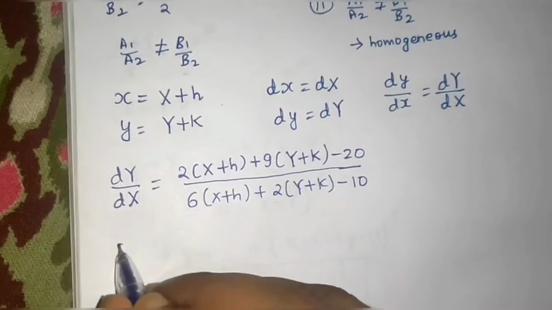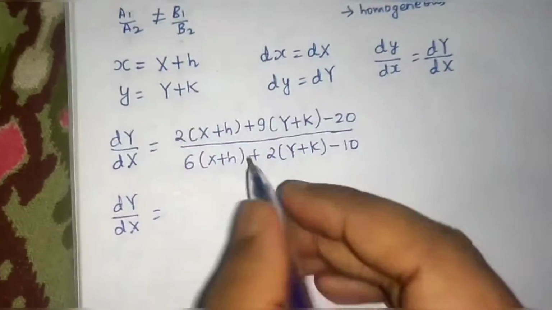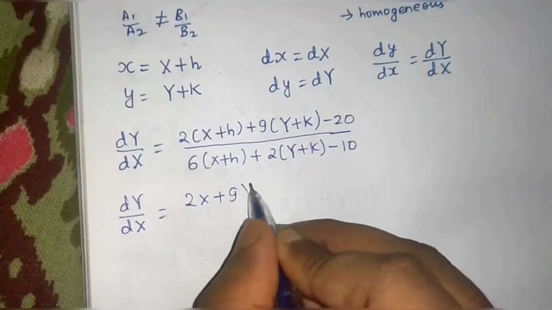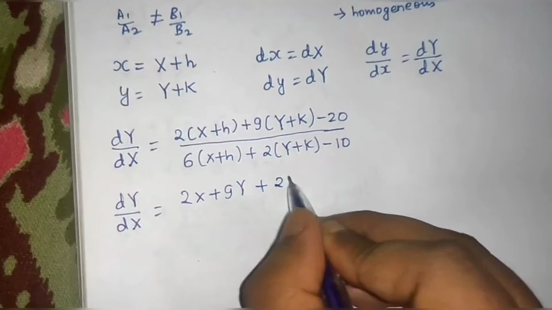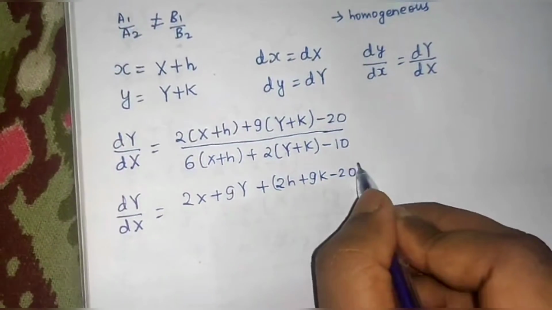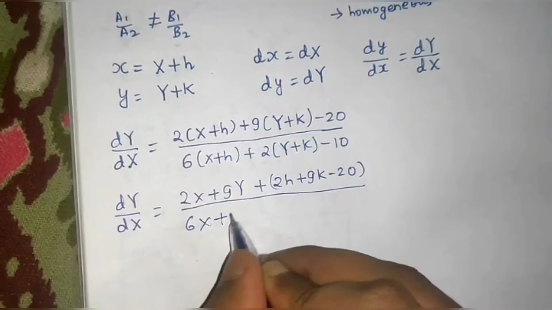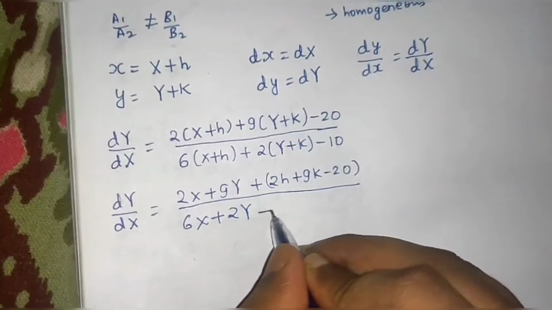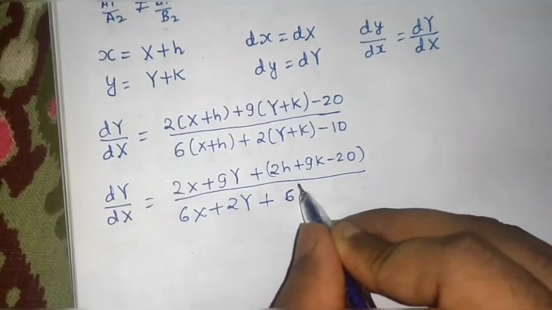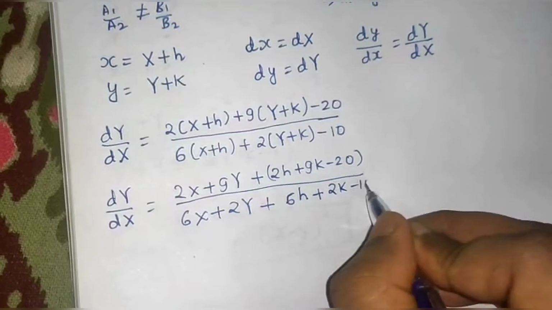Now in dy by dx, I will separate the constant terms apart. So I will get 2X plus 9Y plus (2h plus 9k minus 20) as your constant part, and 6X plus 2Y plus (6h plus 2k minus 10) as a constant.